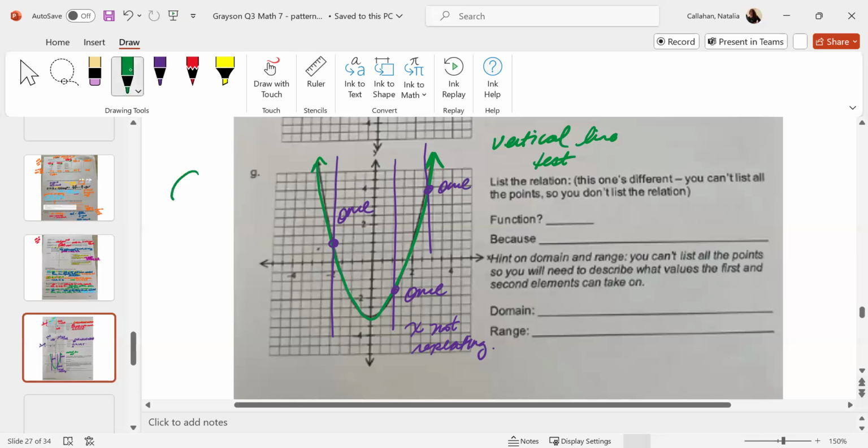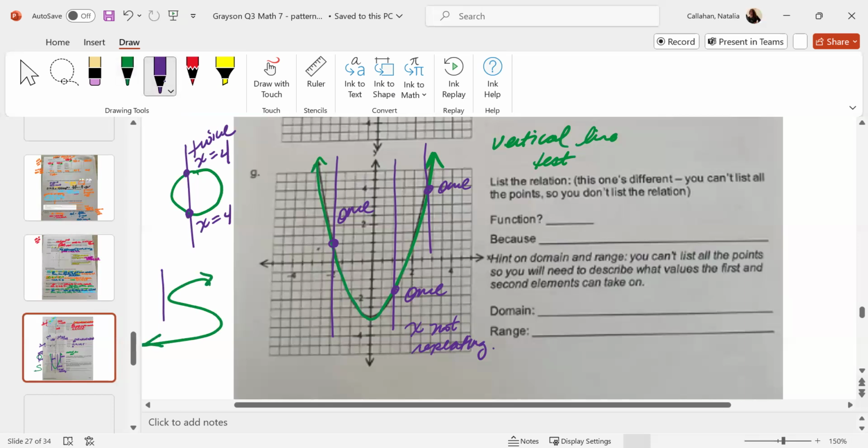On the other hand, if I have a graph that looks like this, how many times is it touching this vertical line? Twice. That means X equals, let's say it's 4, and X is also equal to 4 there. Do you see that? Let's say we have something that looks like this. If I draw a line, how many times is it touching? Once.